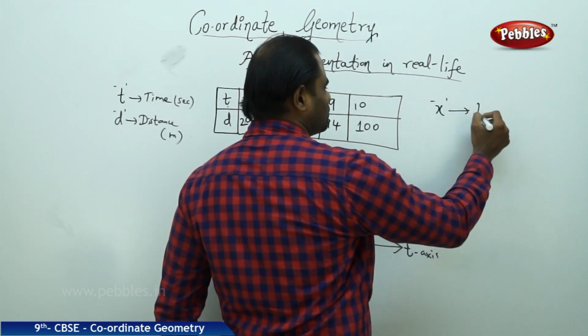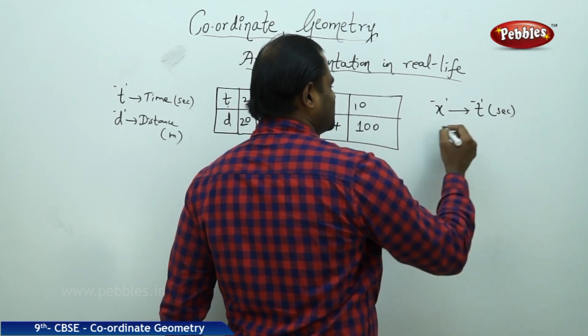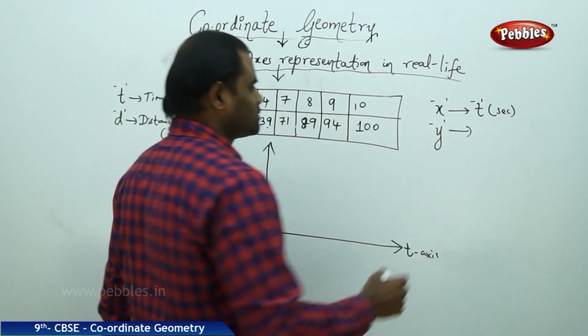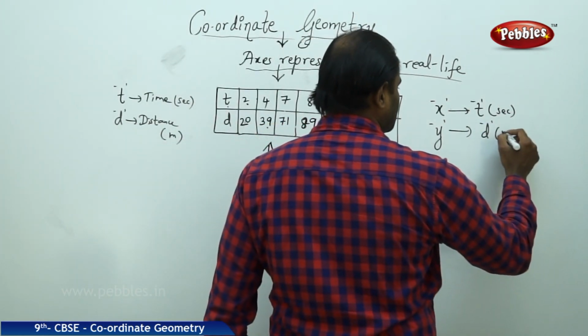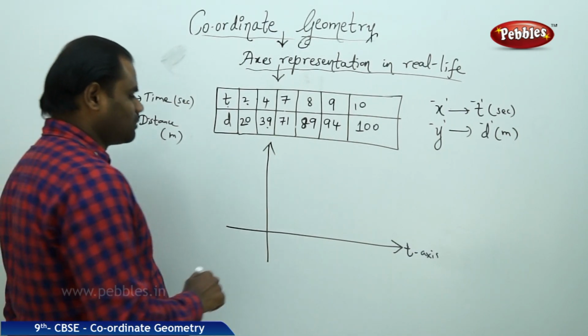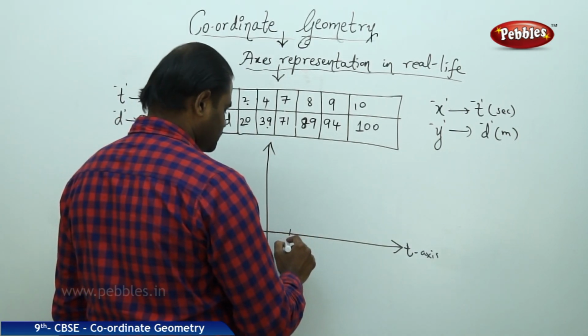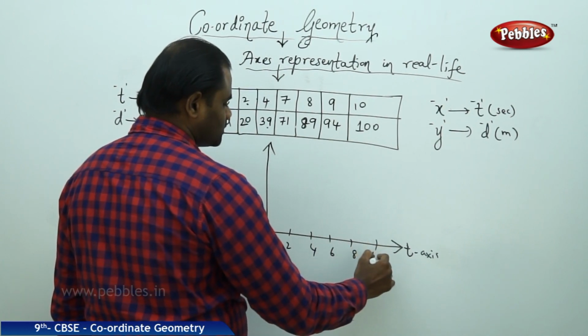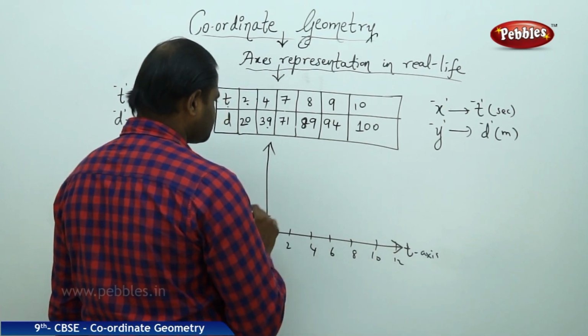Your x is now the time in seconds and your y is now the distance in meters. So I have here the time which I'm going to denote with 2, 4, 6, 8, 10, 12.